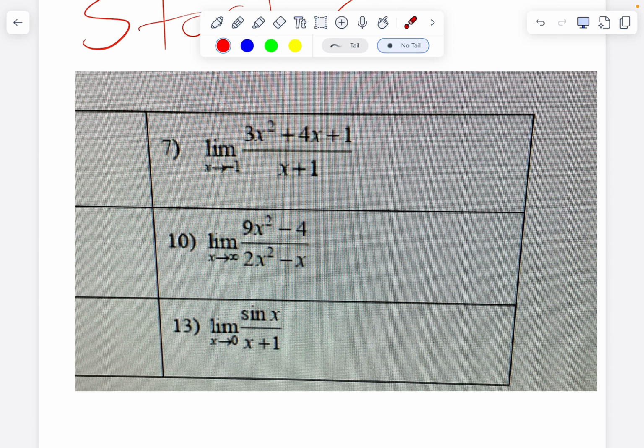Looking at the first one, number 7, what would be your first strategy? Did anybody check if it's indeterminate first? Okay. So check that, right? So maybe start by saying, is it indeterminate?